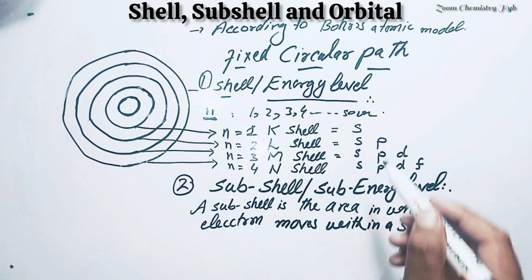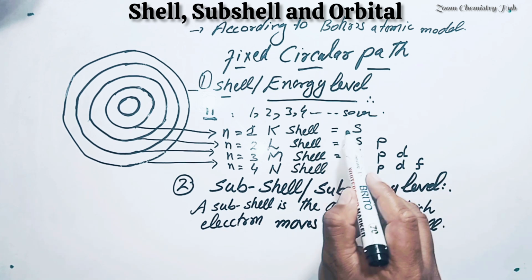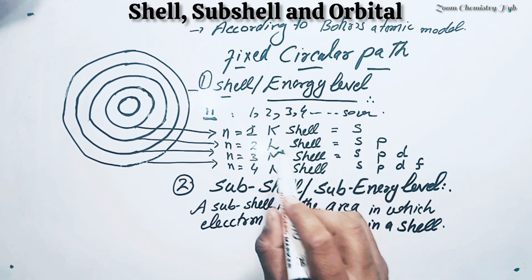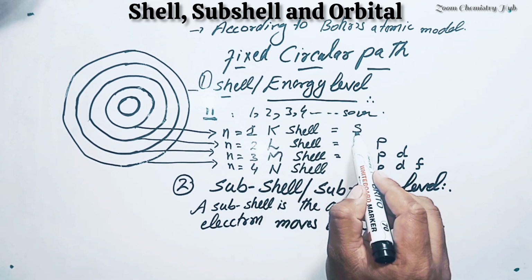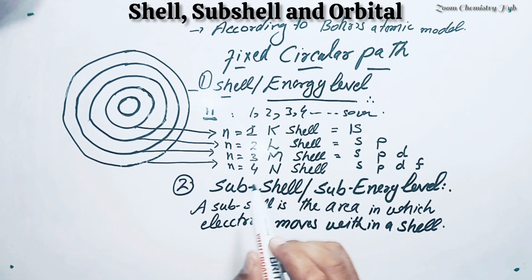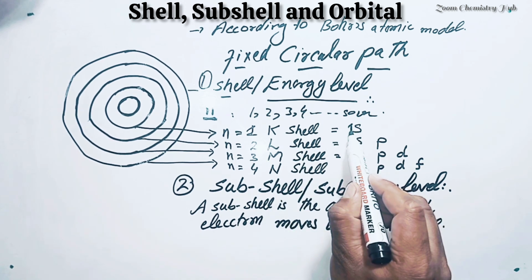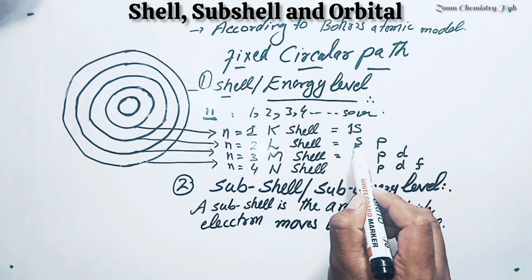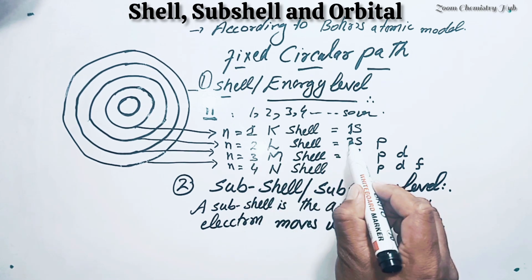And along with these subshells we write their n value. This is the subshell of n equal to 1, that is 1s. This subshell belongs to n equal to 2, so we write 2.